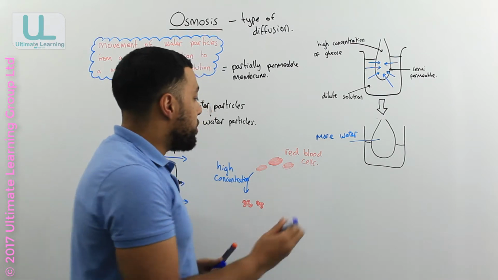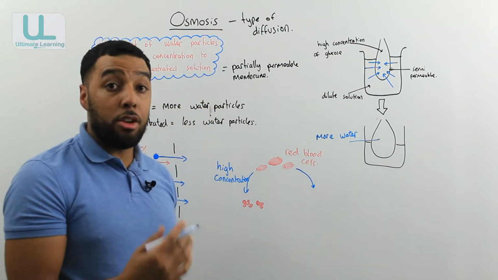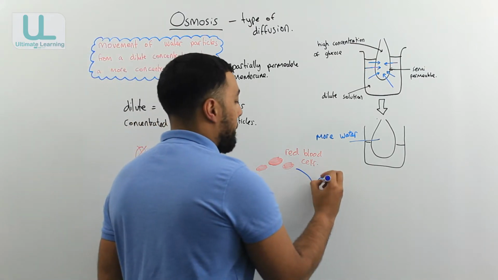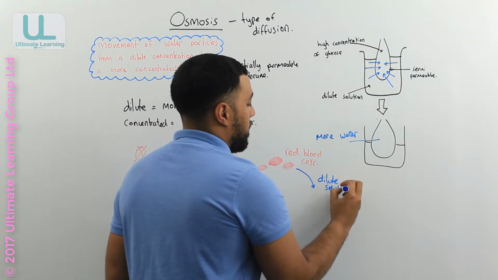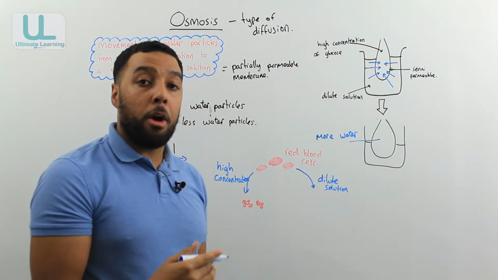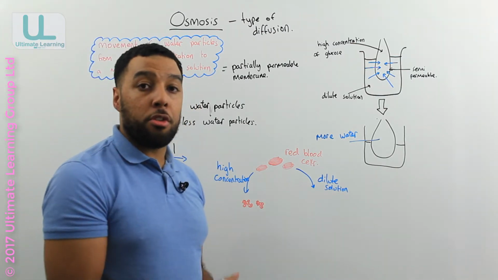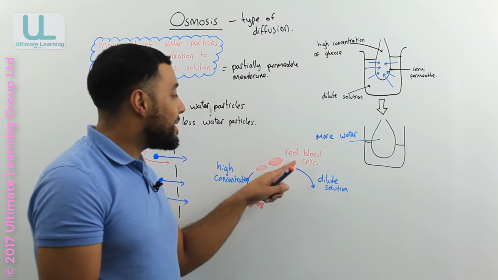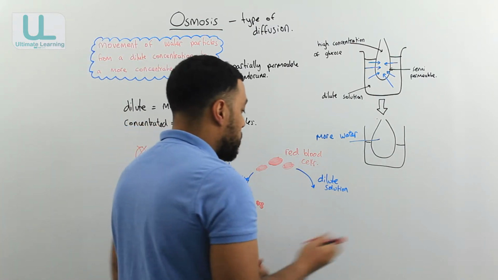Whereas if these same red blood cells were put into a dilute solution, or pure water, or a solution that contained a lot of water particles, well then the water would move the other way, and the water would move inside of the red blood cells, causing them to swell.